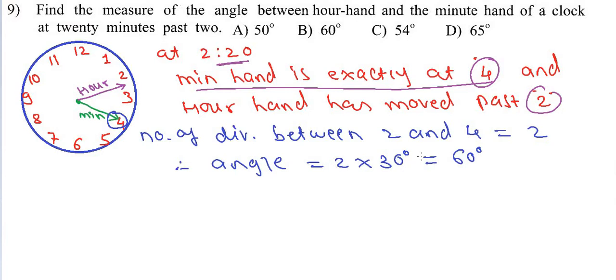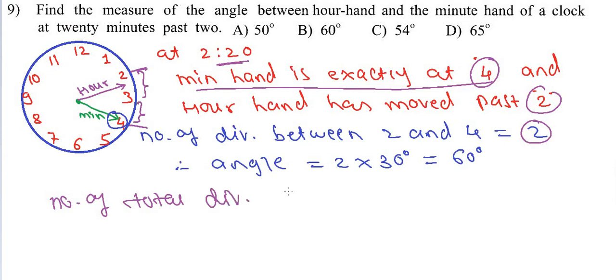Now the number of divisions between 2 and 4 is 2. Have a look at the diagram. This is 2, this is 4. 2 to 3 is the first division and 3 to 4 is the second division. Now the total clock has 12 such divisions. Number of divisions in a clock is equal to 12, and so the complete circular angle is equal to 360 degree. We will calculate it.